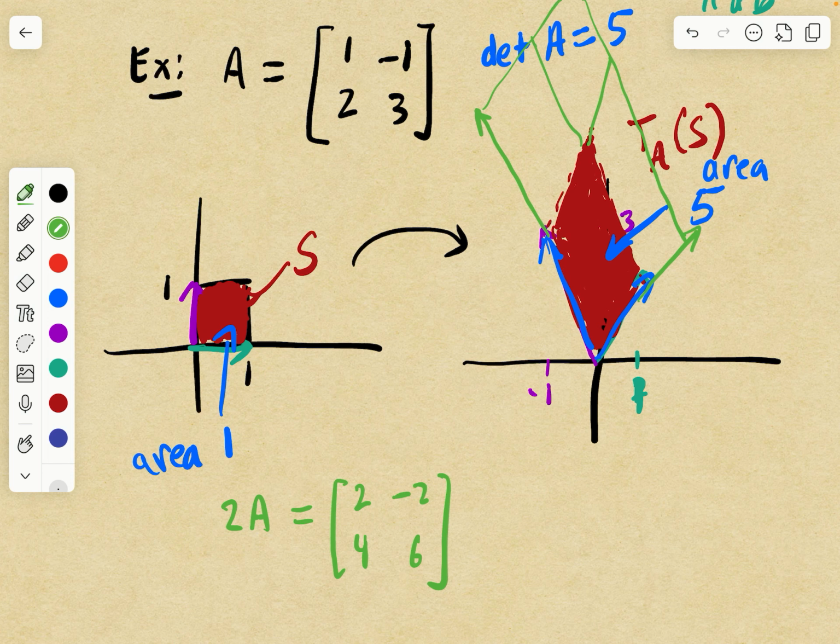Since they do the same thing, and there's only one function that does that, they must be equal. That's the intuitive idea of why the absolute value of the determinant of A has this volume interpretation.